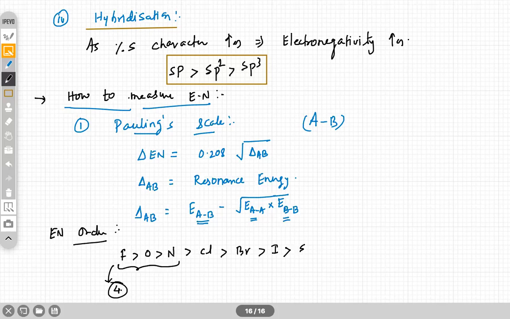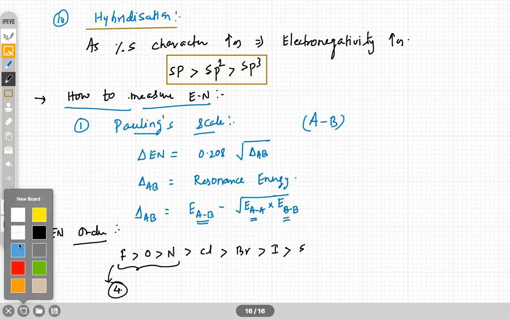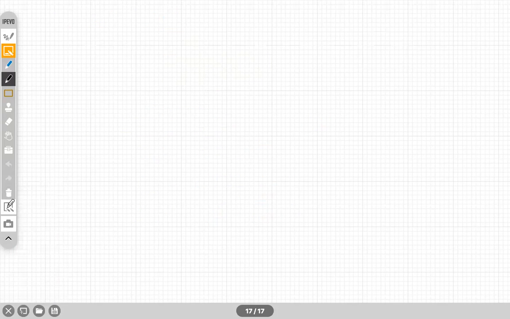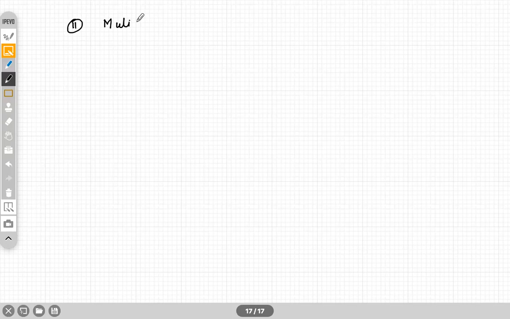There is one more formula. We call it the Mulliken scale.